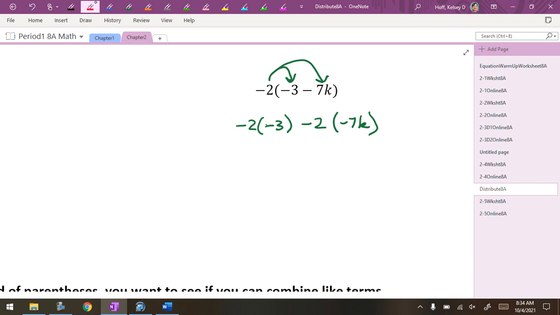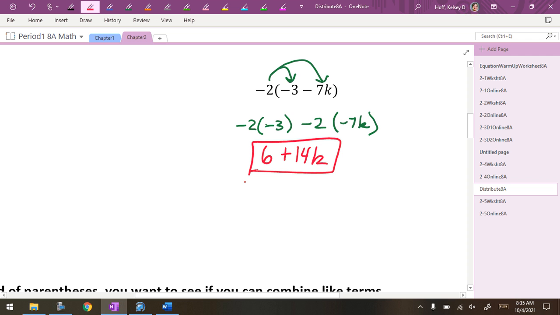Somebody raise your hand. Don't shout and tell me, Zayden, -2 times -3. +6. Do I need to put a plus sign in front of it? No. If there's nothing in front of it, we know it's positive. Nicely done. Somebody else raise your hand and tell me -2 times -7k. Petro? +14k. Nicely done.